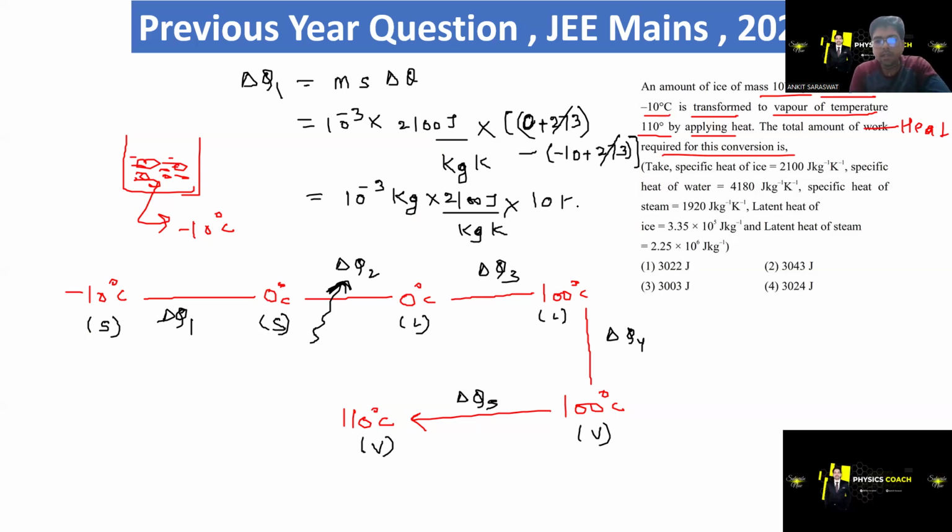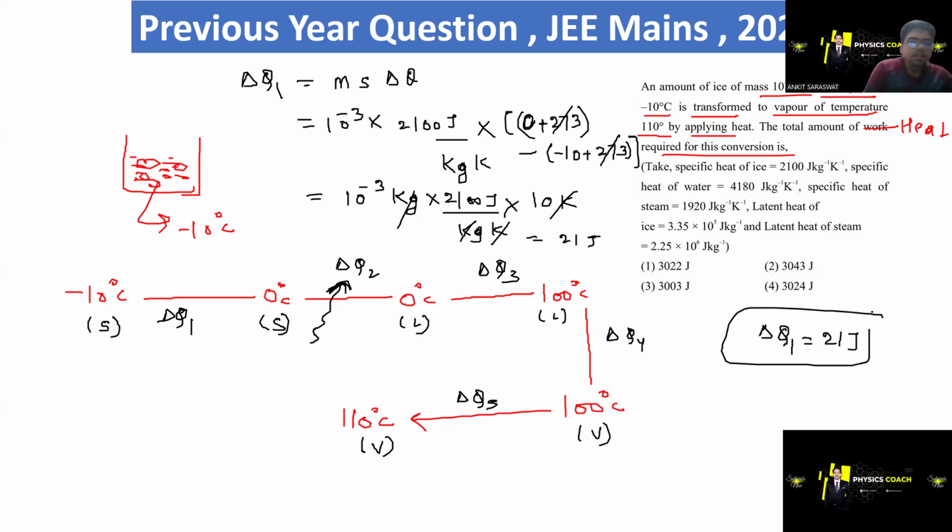It is 10 Kelvin, Kelvin cancels, kg cancels. So 2100 multiplied by 10 to the power minus 3, just solve it, you will get 21 joule. So delta Q1 comes out to be 21 joule.